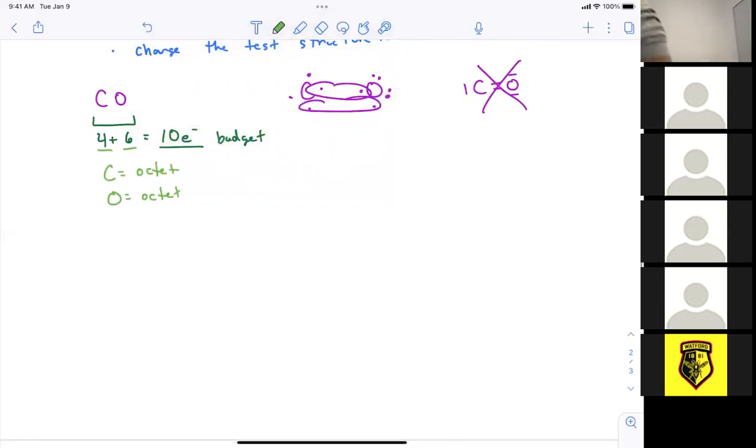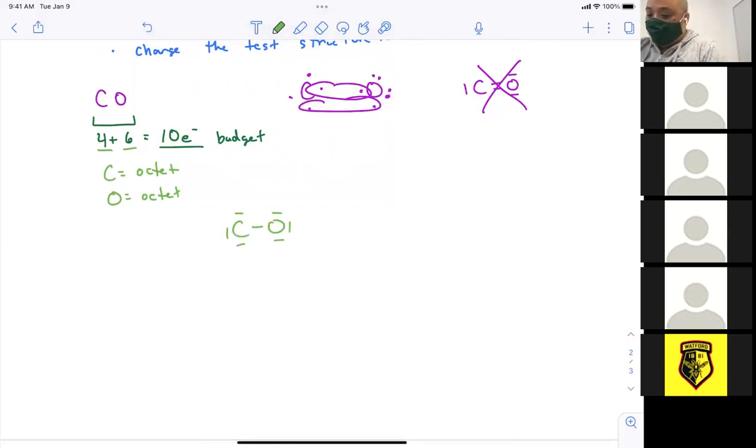Okay. So they both need an octet. So what I'm going to do is this. I'm going to draw it as simply as possible with everything having an octet. Like I said before, this is not necessarily the real structure. This may not realistically work, but you have to start from this and then build off of that. So this would be the scenario if it was singly bonded and everything had an octet.